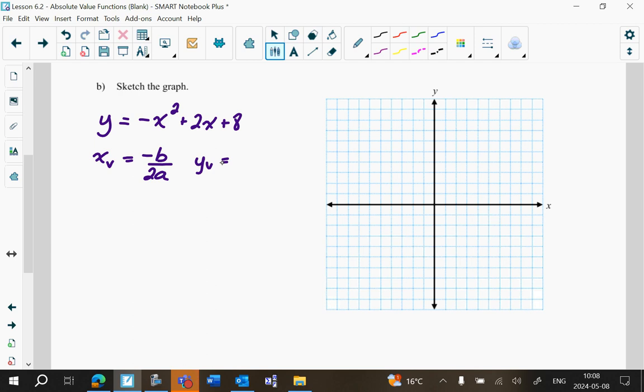So xv is equal to -2 over 2 times -1, right? I don't feel like I'm right. No, I'm right. Okay. Which does equal positive 1.